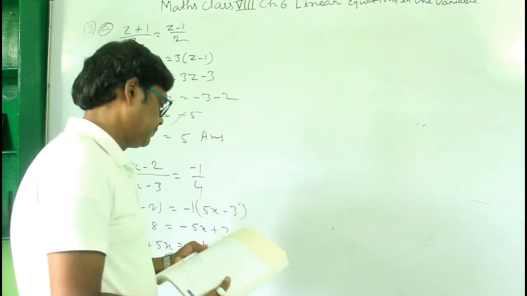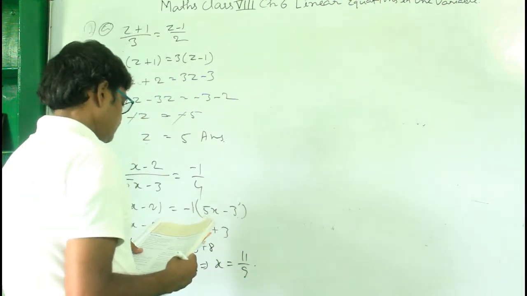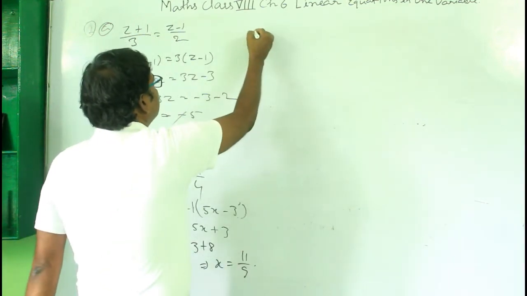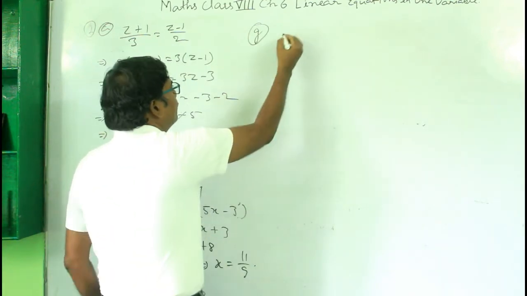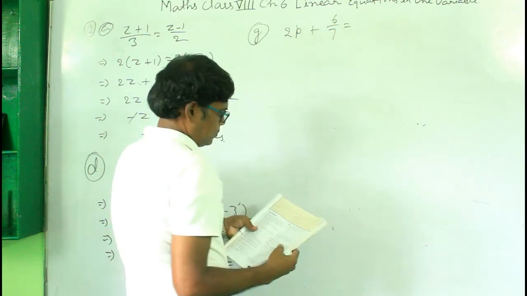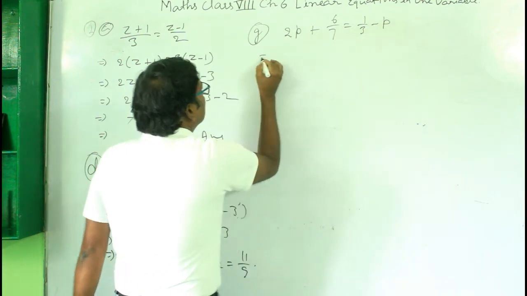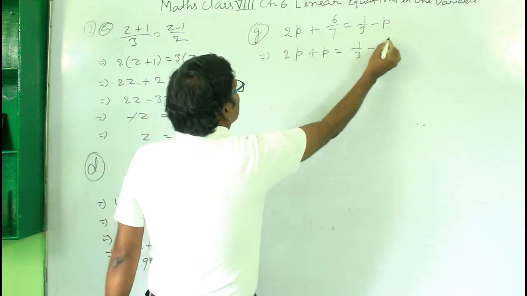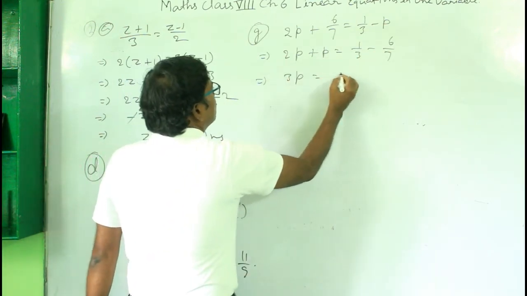Question number D done. Now question number G: 2p plus 6 by 7 equal to 1 by 3 minus p. So bring 2p, that is p, to this side, and 1 by 3 minus 6 by 7. So it will be 3p.